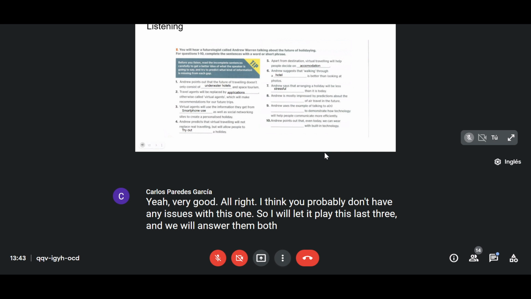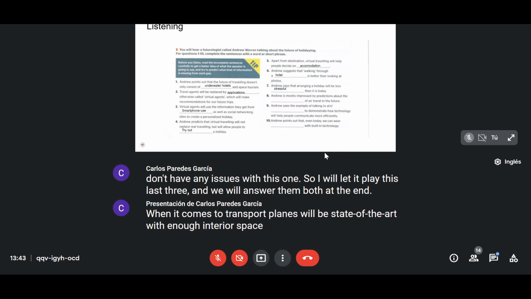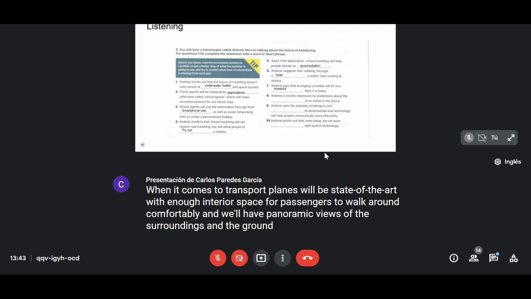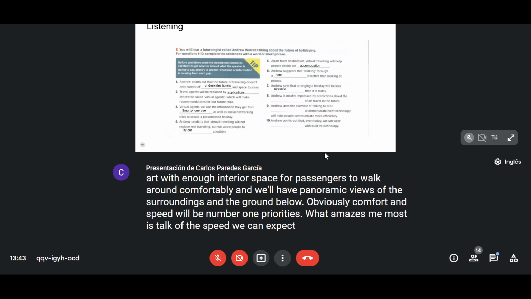When it comes to transport, planes will be state of the art, with enough interior space for passengers to walk around comfortably, and will have panoramic views of the surroundings and the ground below. Obviously, comfort and speed will be number one priorities. What amazes me most is talk of the speed we can expect flights to reach.